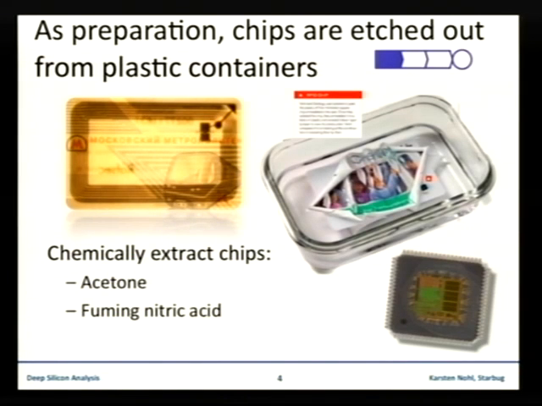So there has to be another step before you can get the bare chip. And for this one you will need fuming nitric acid. It's a very bad acid, so normally you shouldn't do it in your kitchen, but send it away to a chemical laboratory or something like that.